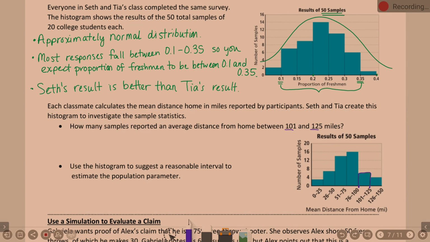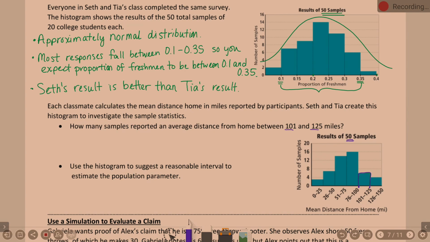Realizing these numbers at the bottom are mean distance from home, the numbers on the left are number of samples. Remember, there were 50 students that did this, so there were 50 different samples. Of those 50 samples, we're saying about 6 had results in the 101 to 125 range.